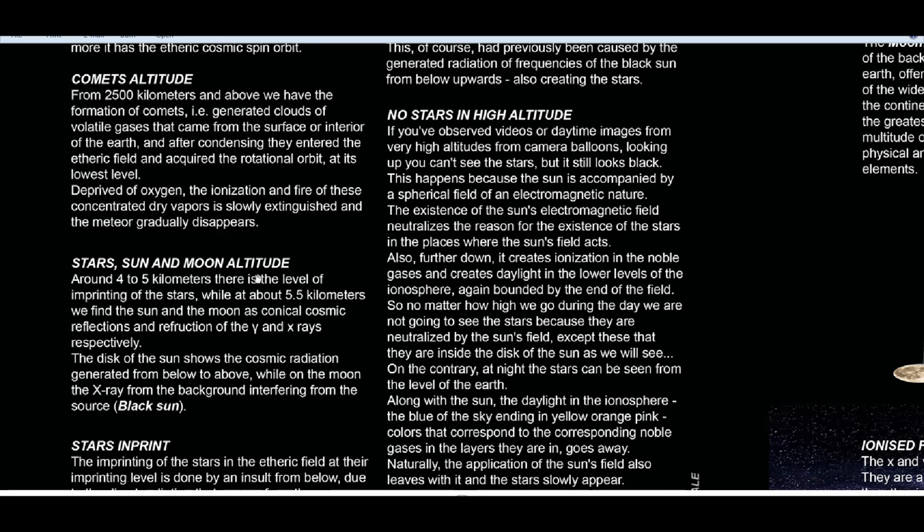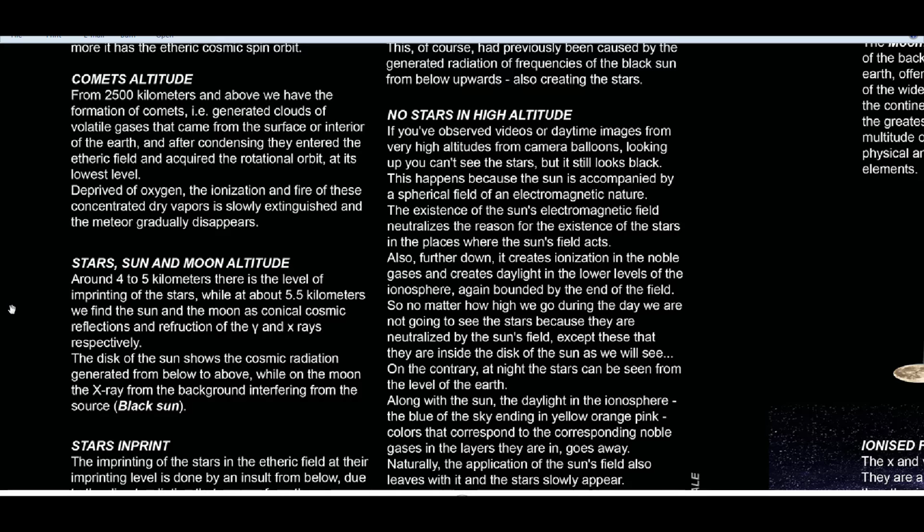Stars, sun and moon altitude. Around 4 to 5 kilometers, there is the level of imprinting of the stars, for 4 to 5 kilometers upwards. While at about 5.5 kilometers, we find the sun and the moon as conical cosmic reflections and refractions, so both reflection and refraction of the gamma and X-rays respectively.